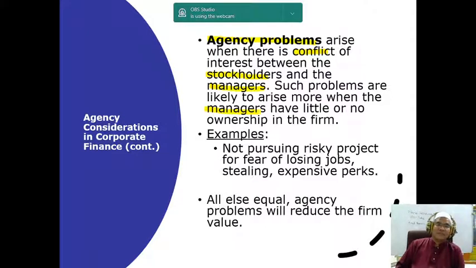They only get their salaries, for example 8,000 ringgit per month, or maybe 2,000 ringgit. So there might be conflict between the stockholders and managers, between principal and agents.